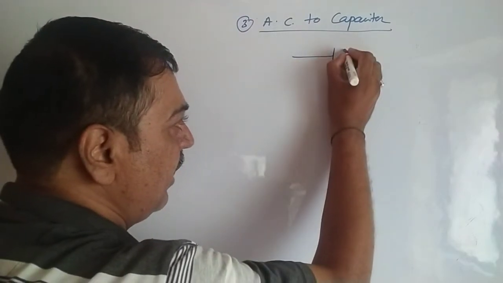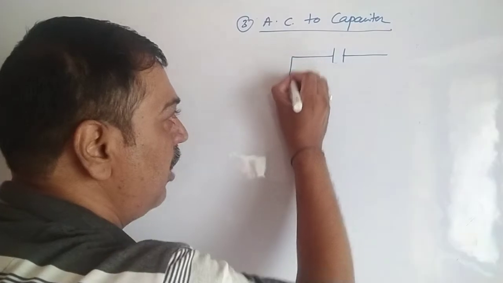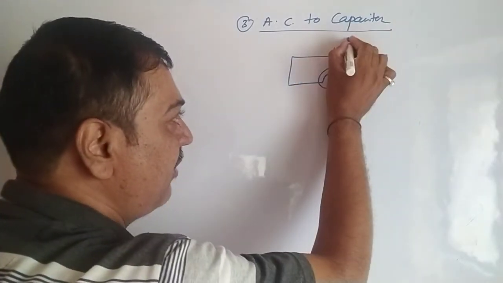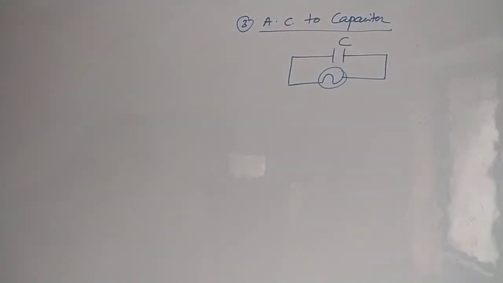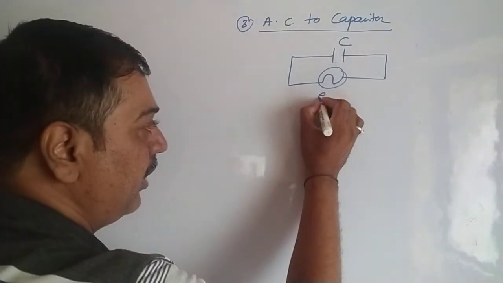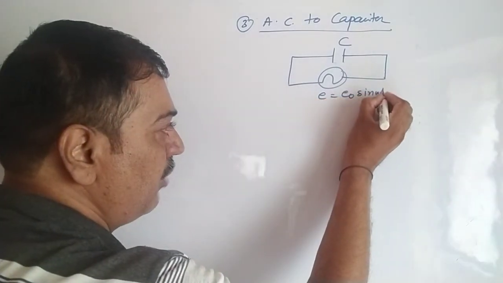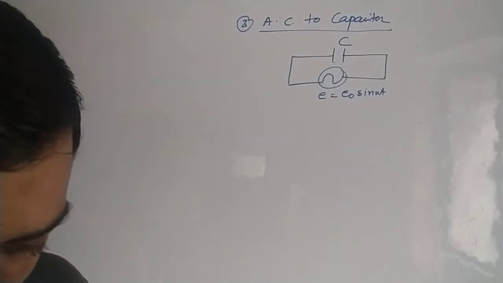So we'll draw the diagram first. Suppose this is a capacitor, and to this capacitor we have applied this AC. The capacitor has capacitance C, and the AC voltage applied is E equal to E0 sine of omega t.